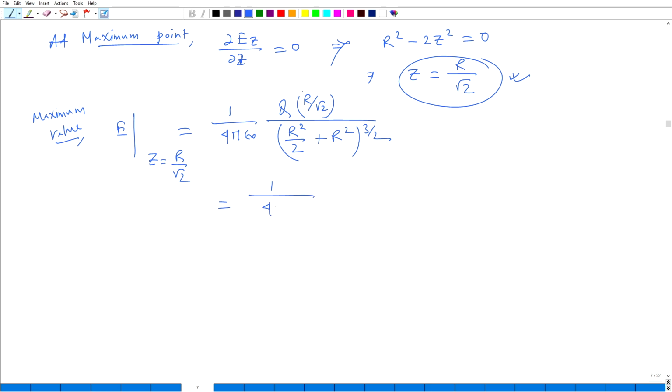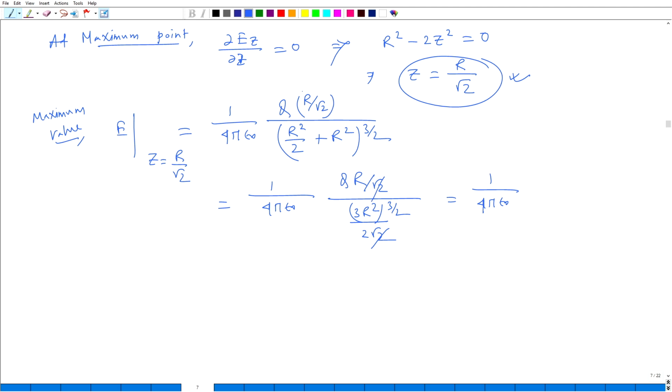So this becomes 1 over 4 pi epsilon naught q r by root 2, divided by 3 r square by 2, the whole to the power 3 by 2.